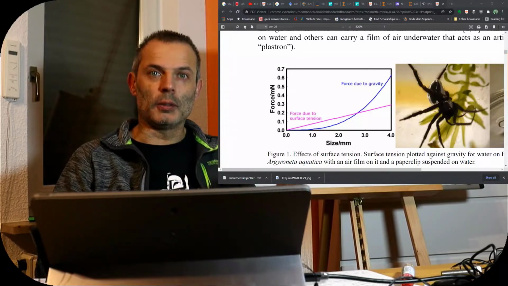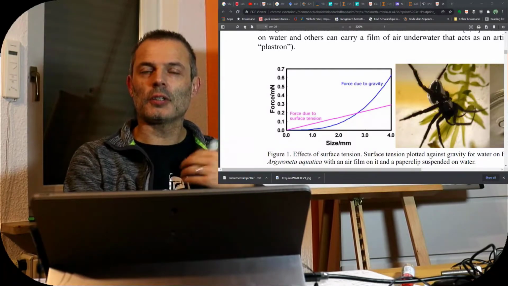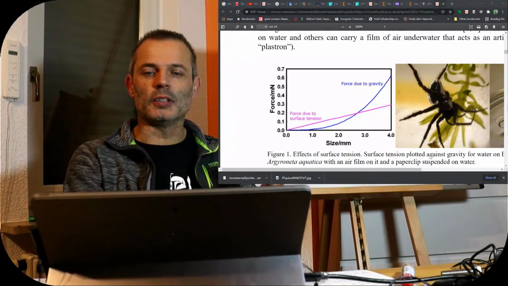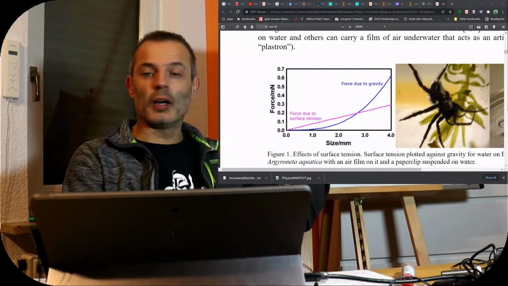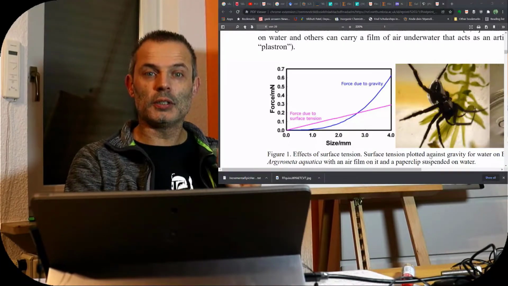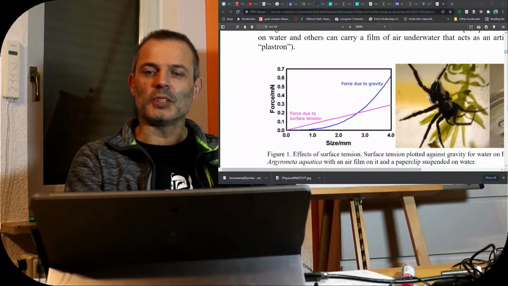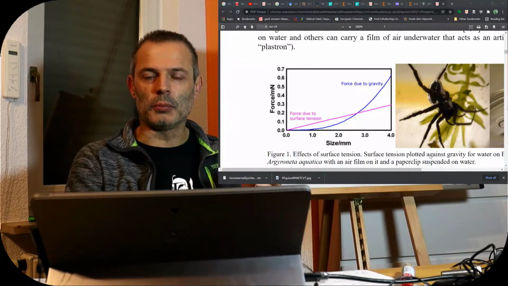This is particularly important for water. For us as humans, water is the most important liquid, and what we find is that this crossover is somewhere around 2.5 millimeters, which means that the diameter of a drop that was exactly that size would be around 5 millimeters.